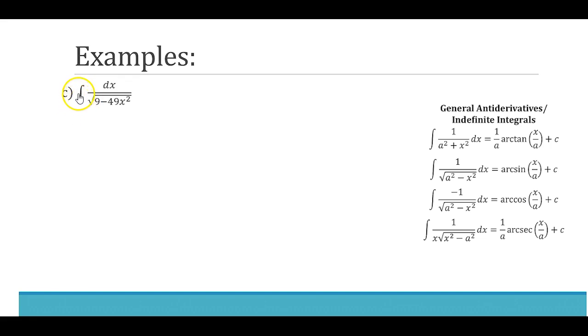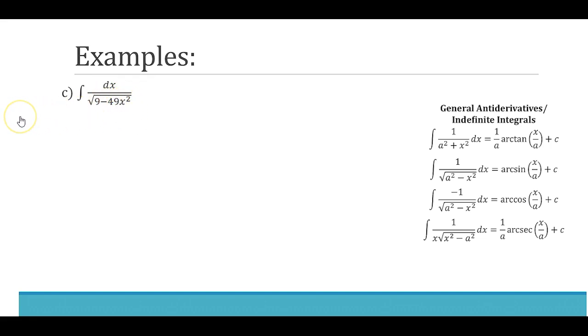On this example, I have the integral of dx over the square root of 9 minus 49x squared. So here, if I take a look at my formulas, it looks a lot like the second one. So I have the dx and then the square root of something squared, so 9 is 3 squared, but instead of minus just a single variable, x squared, I have 49x squared.